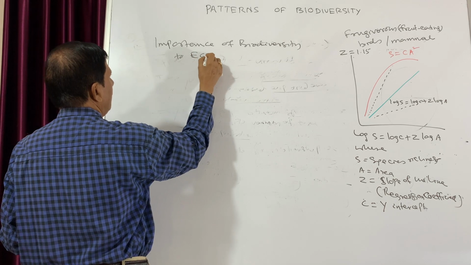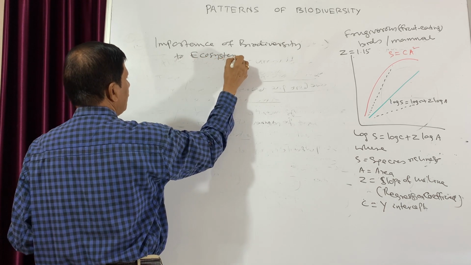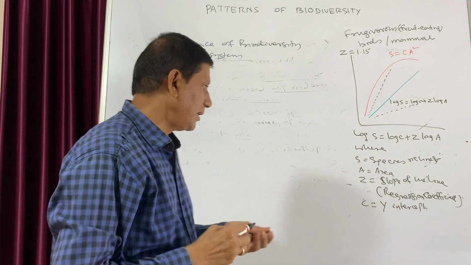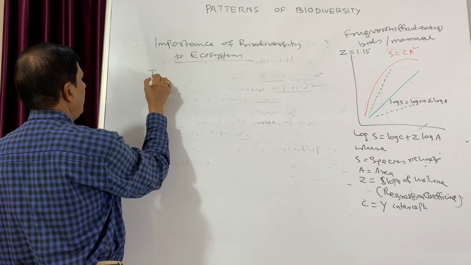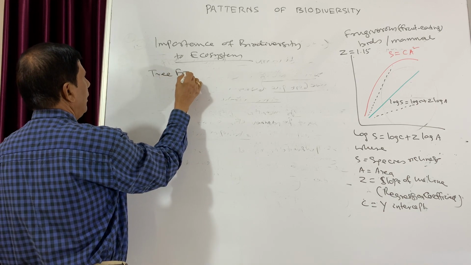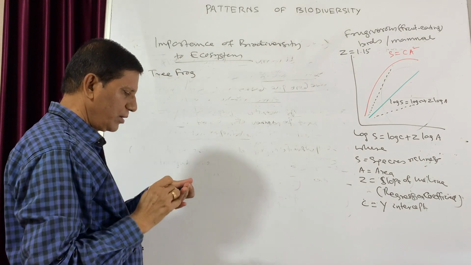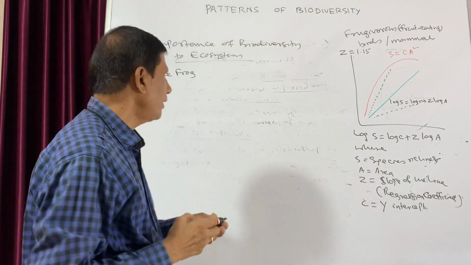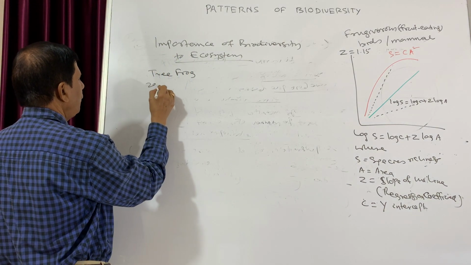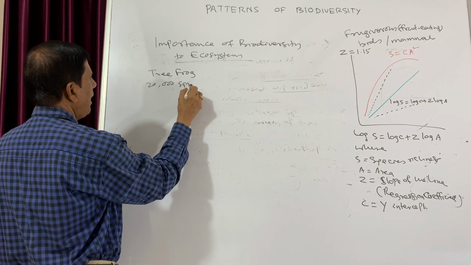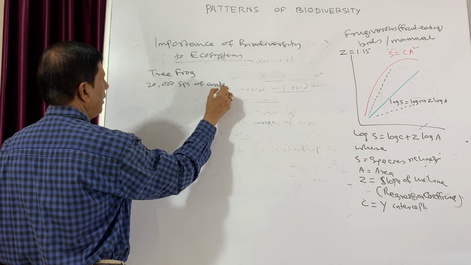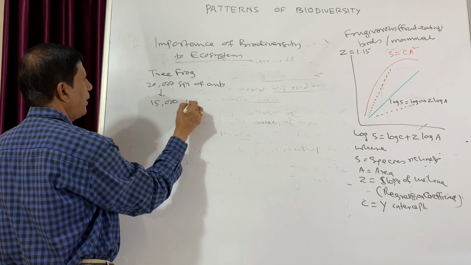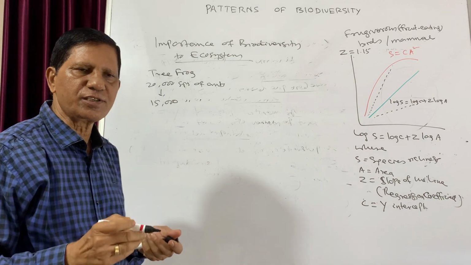Suppose one tree frog will be extinct from the Western Ghats, or instead of 20,000 species of ants, there will be only 15,000 species of ants. 5,000 will be extinct.